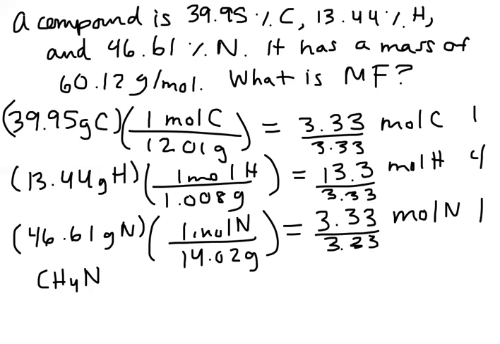That's fine. It would get you to 1, 4, and 1. As long as it's within 0.1, you can round it. So you may not get exactly 4 for that. You'll get 4 point something. But as long as it's within 0.1, you can round it.